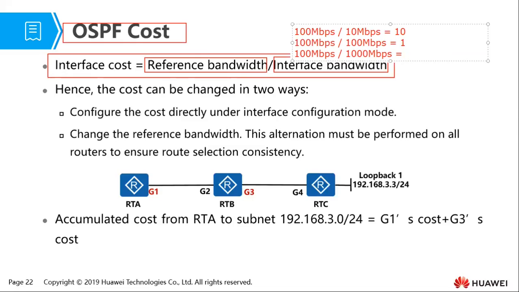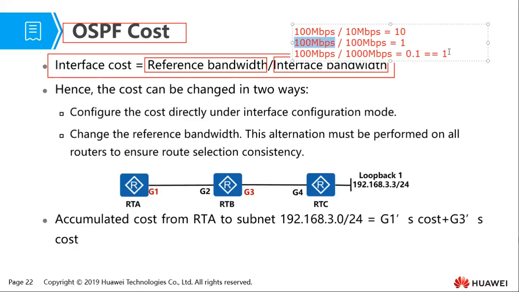So generally, if you divide 100 by 1000, you're going to get 0.1. But anything that is less than 1 is normally rounded up to 1. So generally, we say that the default reference bandwidth does not offer us very accurate metrics.